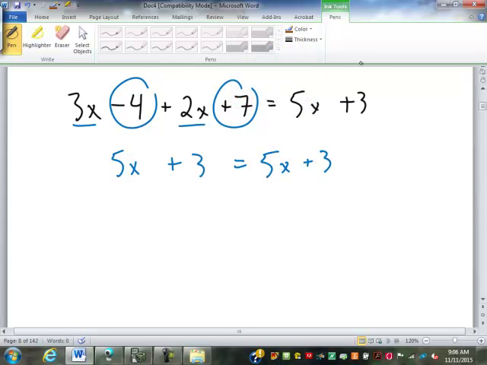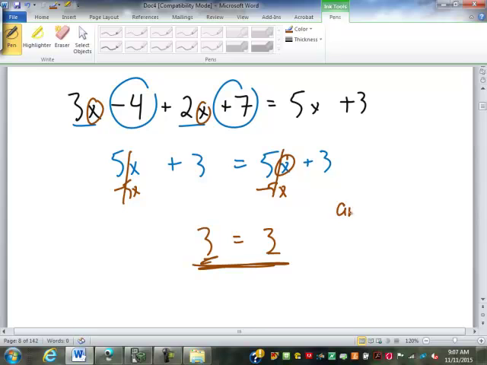Now I have a variable on each side. I get rid of it. I subtract 5x. It's gone, but this time I have 3 equals 3. Is that true? Yeah, is there any value of x that would make that not true? No, I can pick any number for x and put it in here. And 3 is always going to equal 3, isn't it?